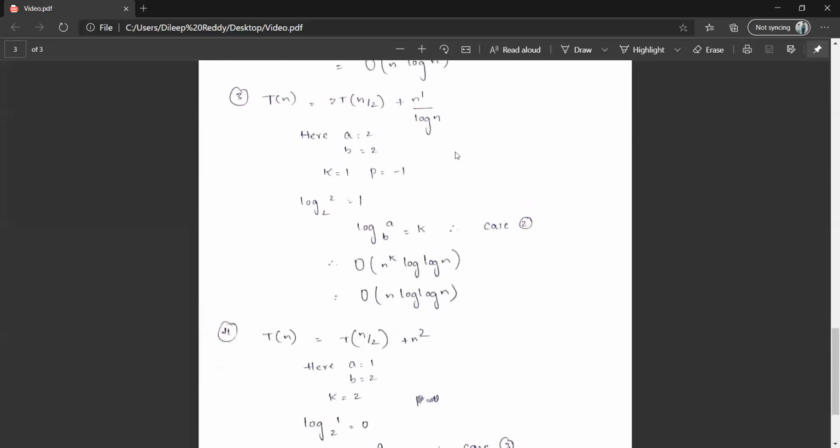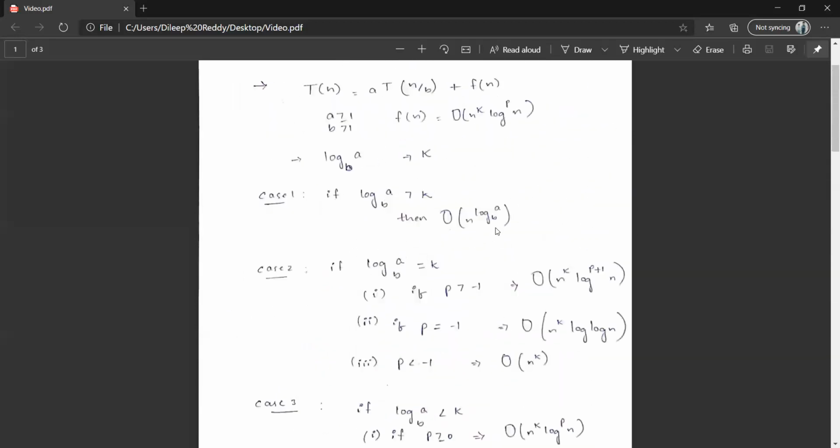So with this we have to find the value of log a base b and k. We already know the value of k is 1, and log a base b, that is log 2 base 2, is equal to 1.